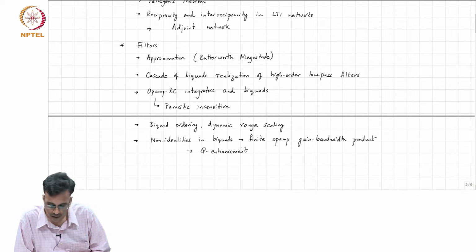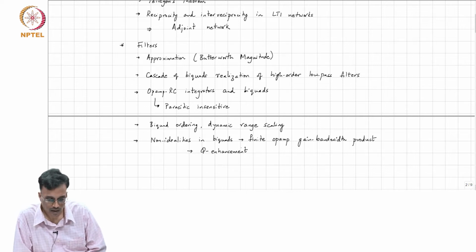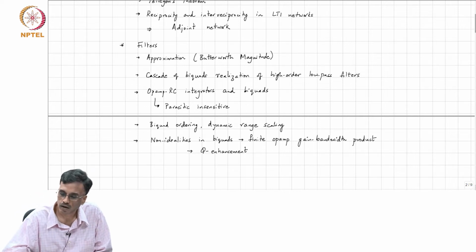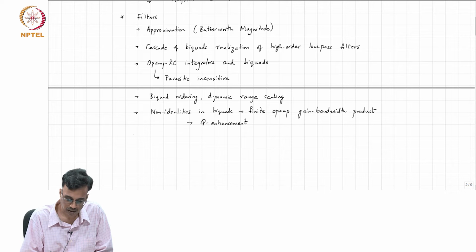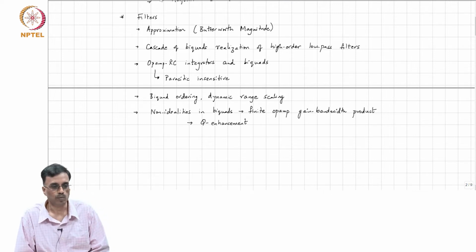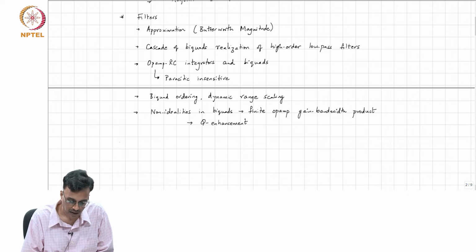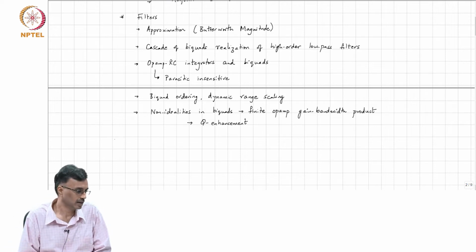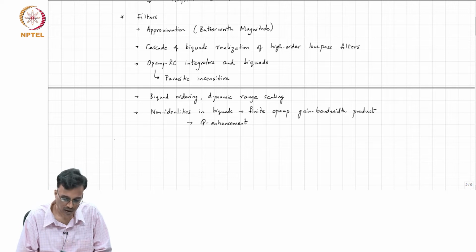All right. Then we moved on and we understood that there is a limit to the peak input signal that you can put into the filter, right. That is the largest input signal that you can put in. The smallest input signal you can put in is basically limited by noise.